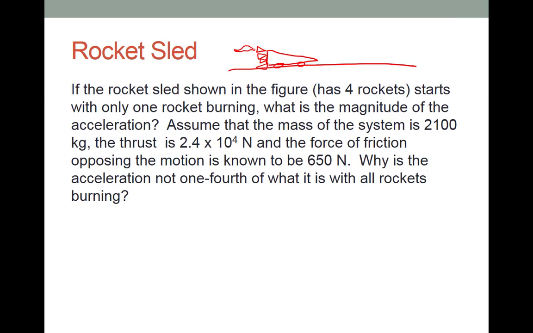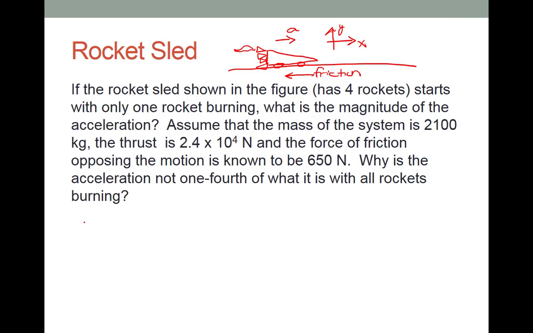Okay, so following our steps for solving these problems, I've started my picture here. I'm going to toss on a coordinate system. Makes sense to let the direction of the acceleration be to the right, and therefore the positive x direction be to the right. We know we have friction, which will oppose the motion of the sled, so friction's going to go backwards.